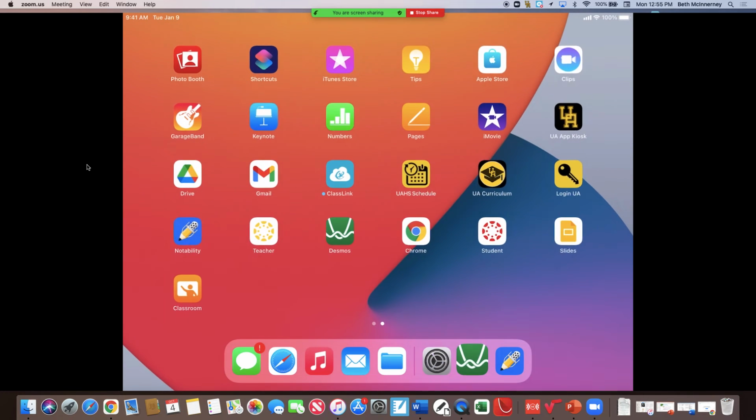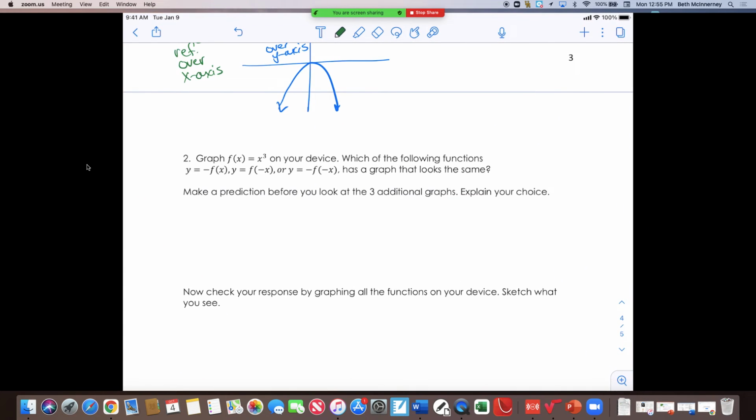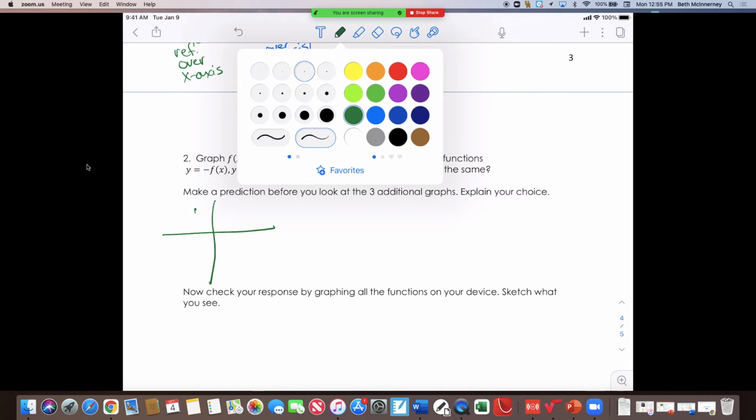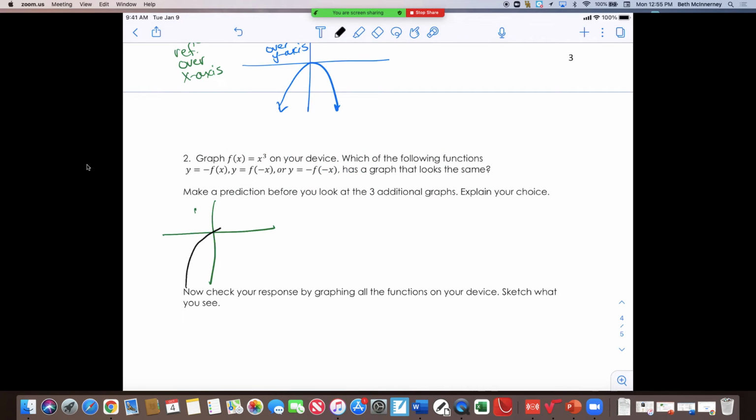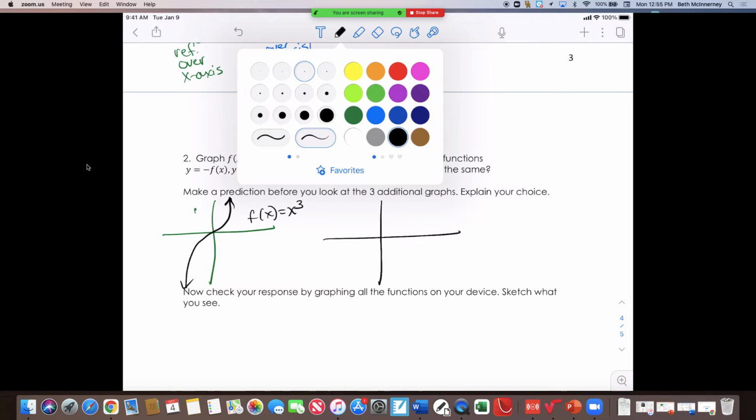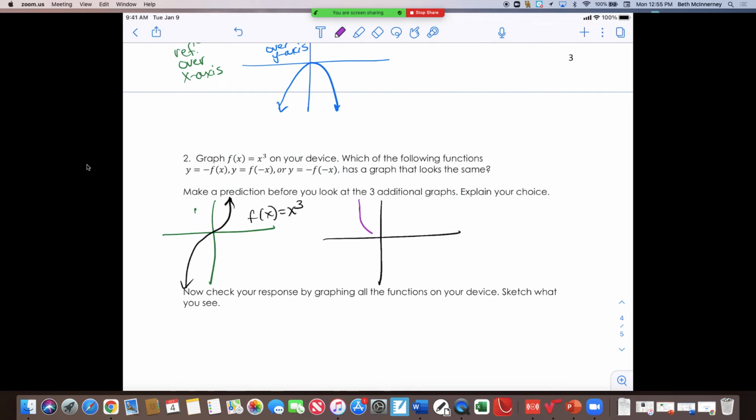So let's go back to that. So here's x cubed. Then watch. This one is f of x, or wait, I should rewrite that. Okay, this should be y equals negative f of x.